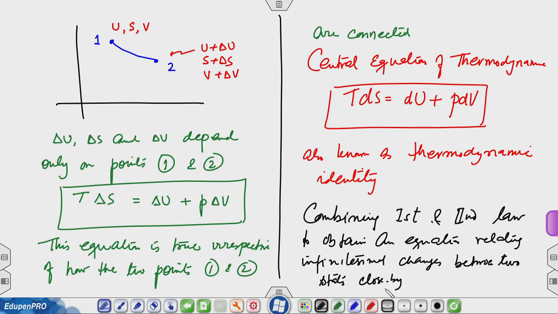Close by means they are separated by just infinitesimal amount. So this is the central equation of thermodynamics. Now using this, we are going to obtain different thermodynamic potentials and Maxwell's relations.